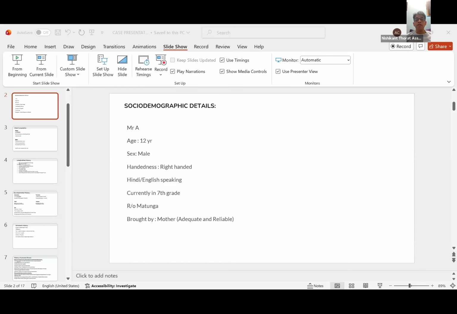What other assessments would you like to do for ADHD to confirm your diagnosis? Sir, first of all, I would like to give a rating scale to the parents and to the teachers also. The rating scale that we use in OPD is Conners. We give it to the parents and the teacher, ask them to fill it, and then we scale how much is the inattention, the hyperactivity, and the impulsivity part.